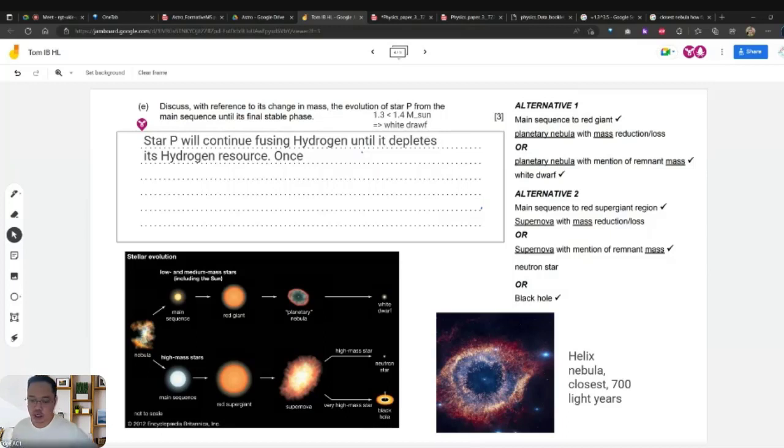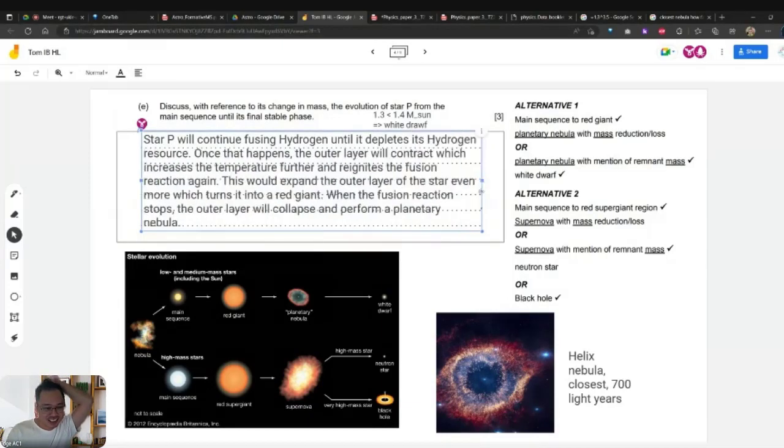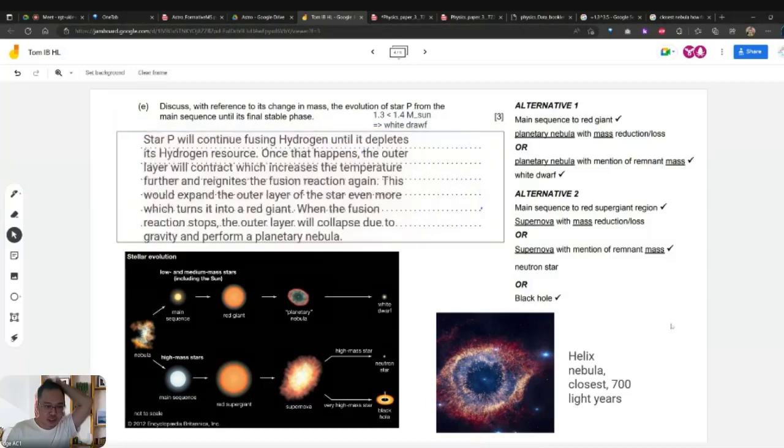If the temperature is not high enough, then the nebula will contract, and after a few million years, it will form a new star. Wow, a lot of writing. Once the outer layer contracts, which increases the temperature further and reignites the fusion reaction again. This would expand the outer layer of the star even more, returning to a red giant when the fusion reaction stops. Now, it does not stop, it's just too much and then explodes.